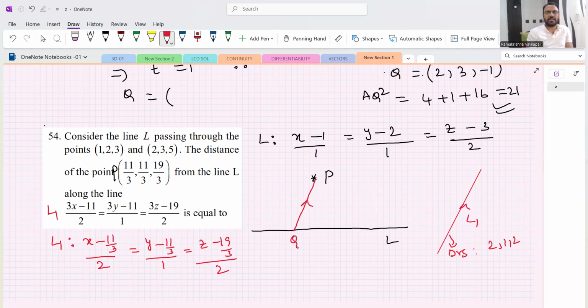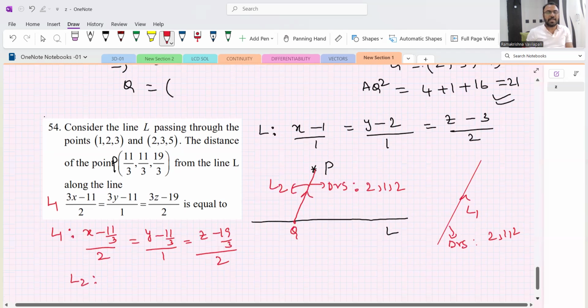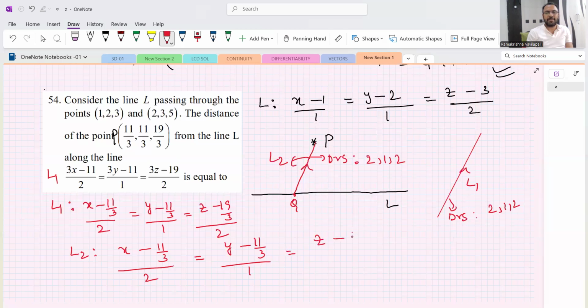Assume this point is Q. So what are the DRS of this line? This is parallel to the given line, so 2, 1, 2. Therefore, we want to write the equation of this line, assume L2. So what is the equation of the L2 line? L2 line is nothing but (x minus 11 by 3) by 2, DRS same as of L1, equals (y minus 11 by 3) by 1 equals (z minus 19 by 3) by 2.